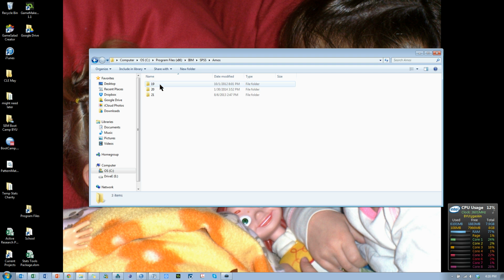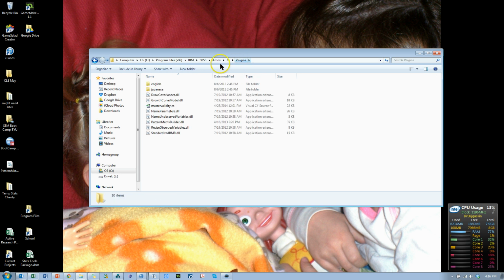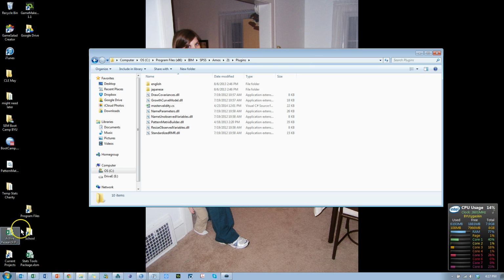Amos, not Amos 21 for some reason. Amos 21 if you have 21, 22 if you have 22. Whatever your most recent number is here, the highest number. Plugins, and so here's the trail right here. Program Files, IBM, SPSS, Amos 21, plugins, and you'd stick it in here. You just drag it and drop it inside of this plugins folder.